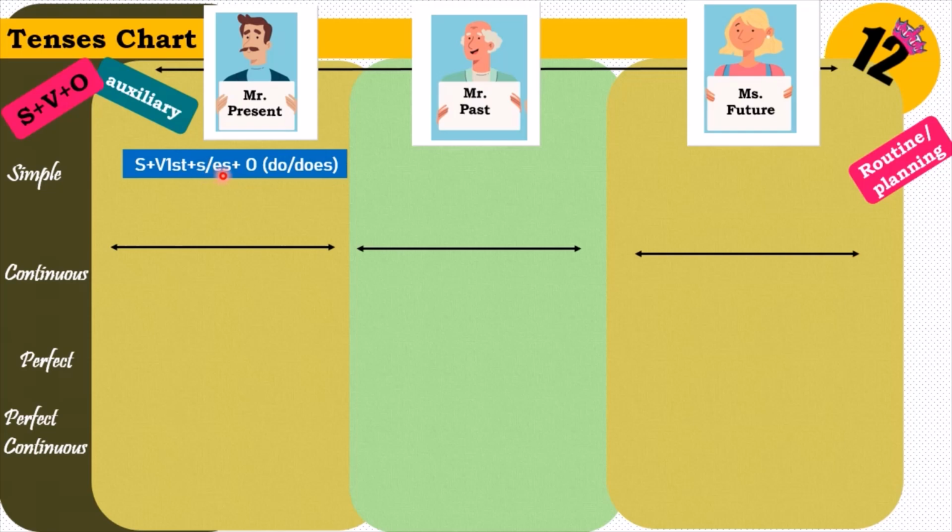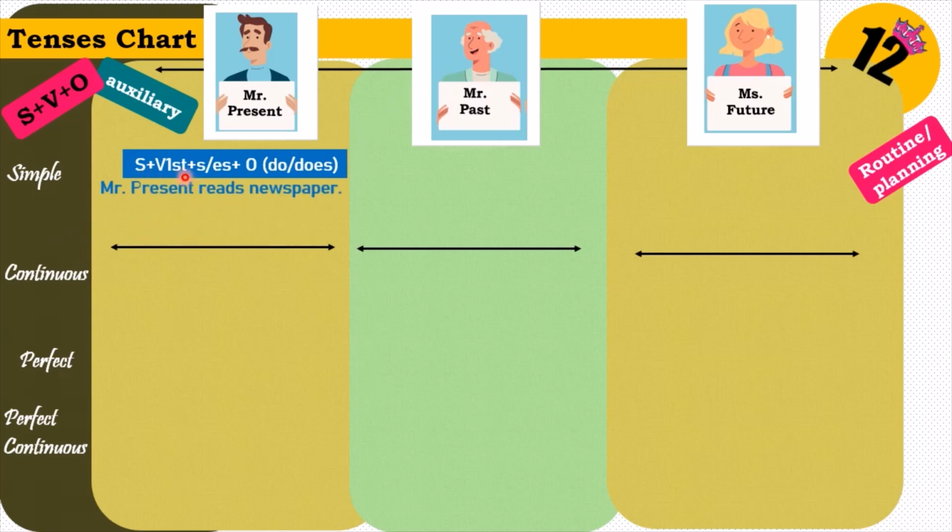The simple present tense formula is described as subject, verb, first form with the addition of s or es, and lastly object. The addition of do and does is also there, but this happens only when we are changing the sentences into negative or interrogative sentences. Here is an example.